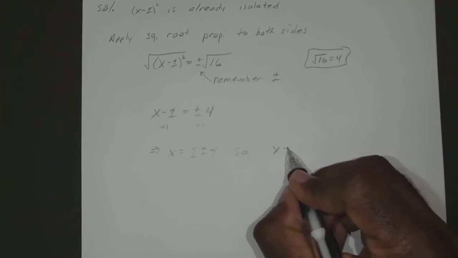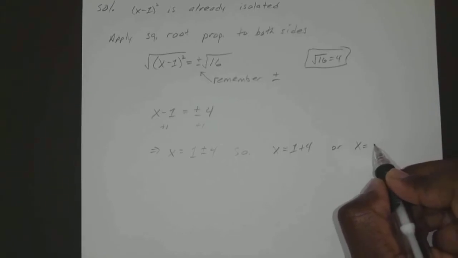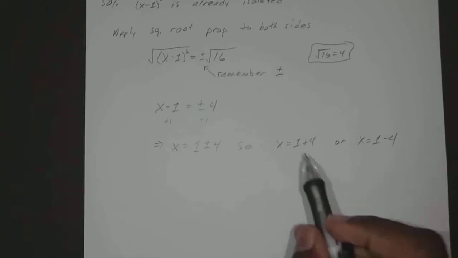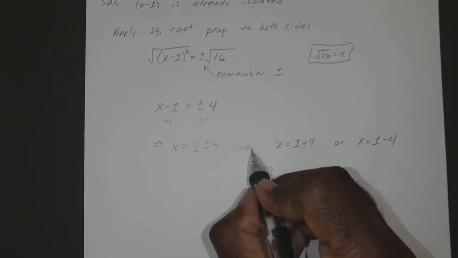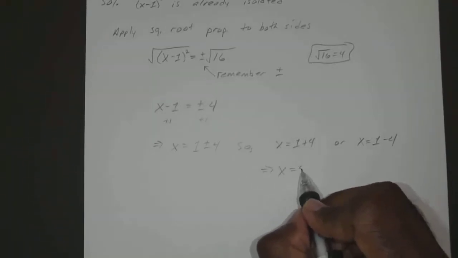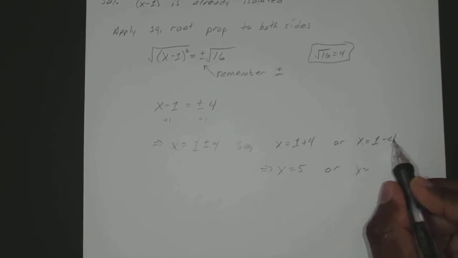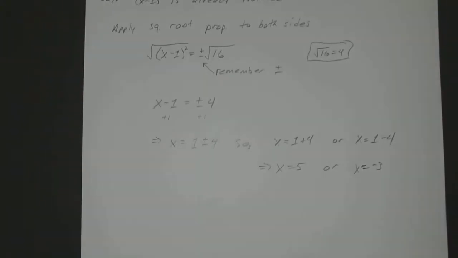So that means x can equal 1 plus 4, or x can equal 1 minus 4. All right, did that make sense? Okay, so now we just solve both of them for x. So x can equal 5, or x can equal 1 minus 4, which is negative 3.